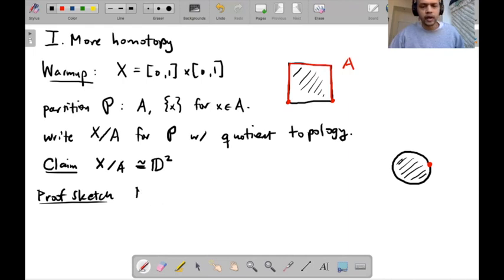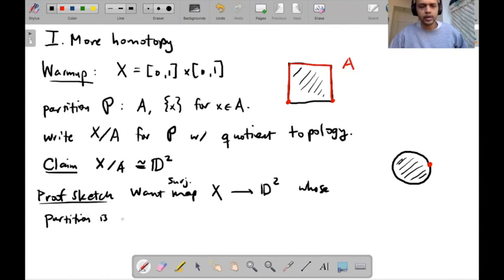The thing we want is a map from X to the disk, a surjection, whose partition is P. Then by the quotient identification theorem, that tells us that P is homeomorphic to the disk.